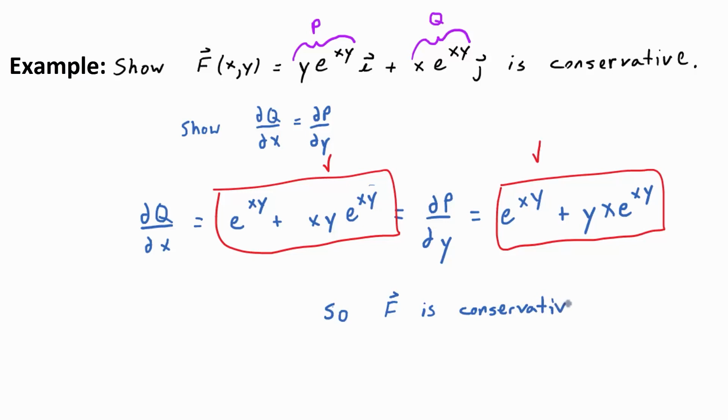Now, I'll bet you could come up with the potential function just by guess and check. So remember what the potential function is. It's a scalar function, little f, such that when you take its gradient, you get big F. That's it, right?